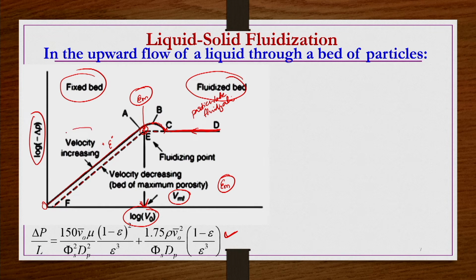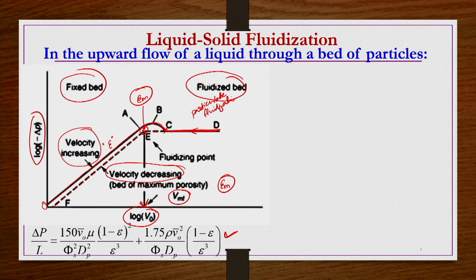Okay. So, the increasing velocity curves are the solid line curves, and the decreasing velocity curves are the dotted line curves here. Okay. But now, after decreasing it, if you again increase it, will it follow the OA curve or the FE curve? The packing is not the initial compact packing, so it is going to follow this FE curve, then E to C, then the C to D curve.